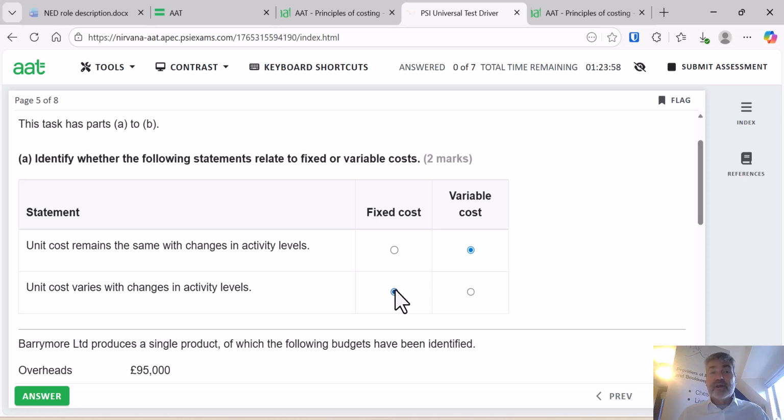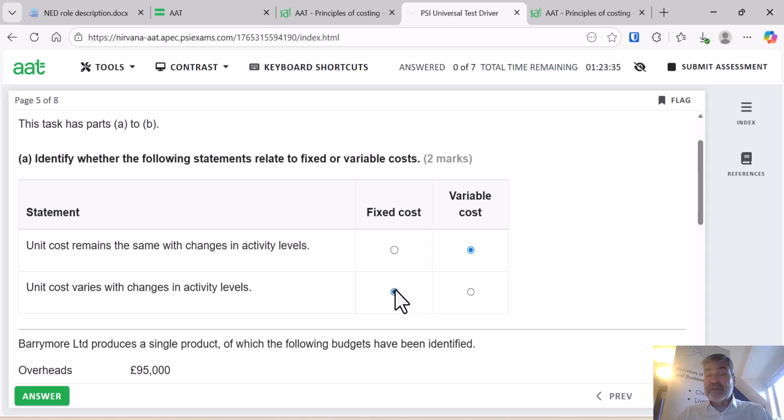Just for a bit of added value, what about the other 2 types of cost behavior? Well, a semi-variable cost just combines the component parts of a variable cost and a fixed cost together. There's a fixed element, but then there's a variable element which will change in total as activity changes.